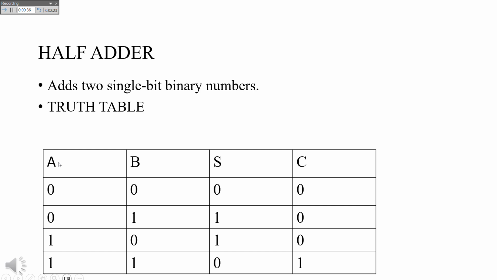The input A is 0, and the input B is also 0. When we are adding, then it means that when these two inputs are low, they will give us a low output when we add these two binary numbers.